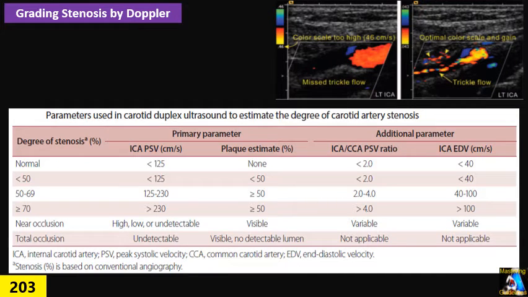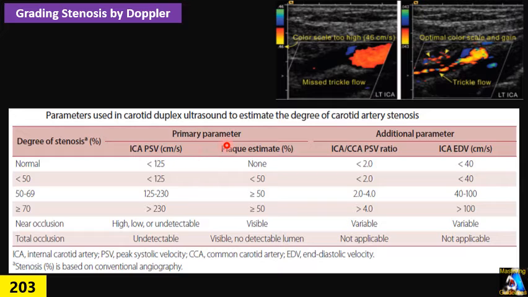The most sensitive, accurate and acceptable technique for grading stenosis is spectral Doppler plus a 2D measurement, and it has been approved by most societies around the world. In this technique, we use two types of parameters, primary and secondary or additional.